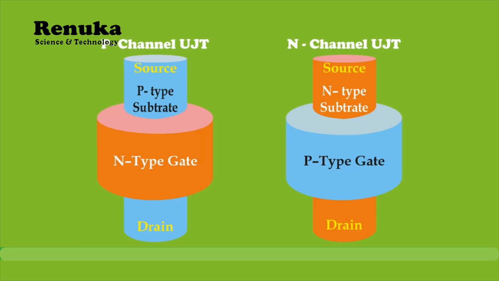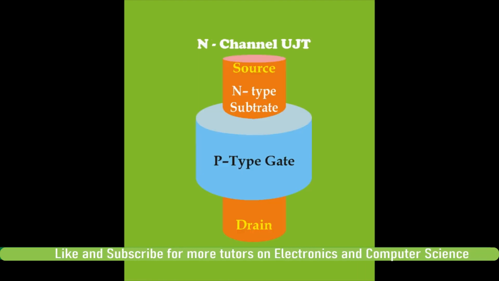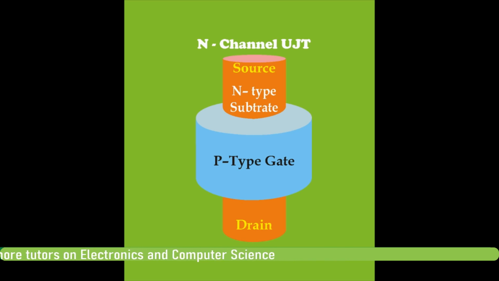You might have studied UJT in class 11th. There are two types of unijunction transistor. One is called P type and another is called N type. Alternatively, they are also called N channel or P channel. In N channel MOSFET, an N type substrate is used, and around it a P type gate is used.